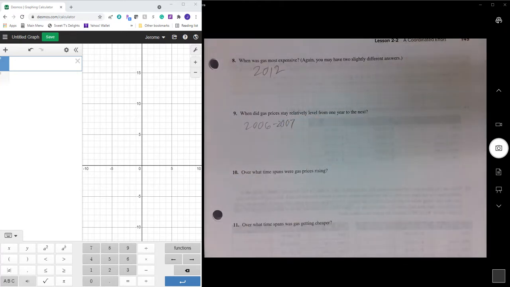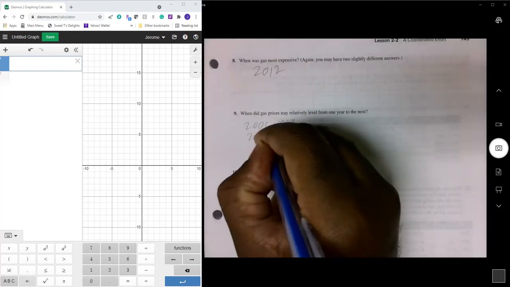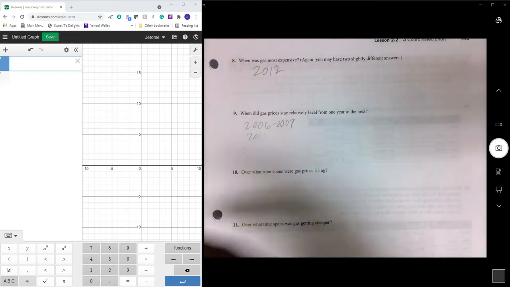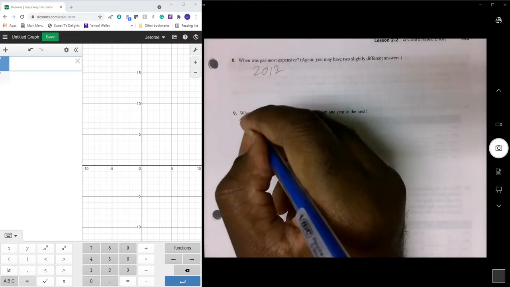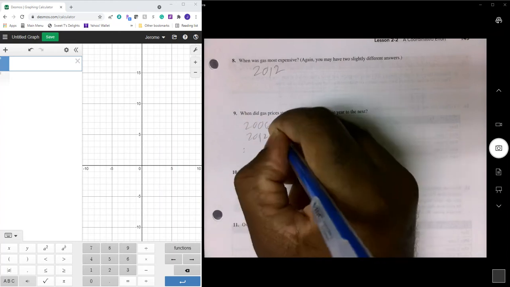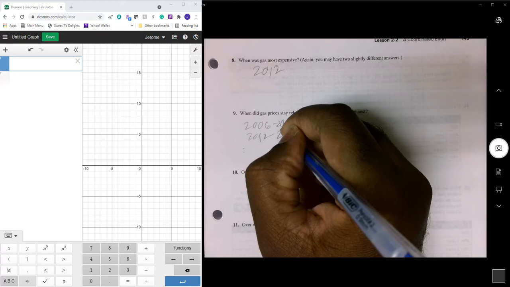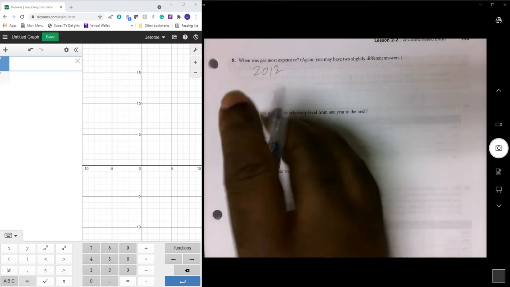And then we have from 2012 to 2014. Between those 3 years is only about 8 cents difference. So 2012 to, let's say, 2014.